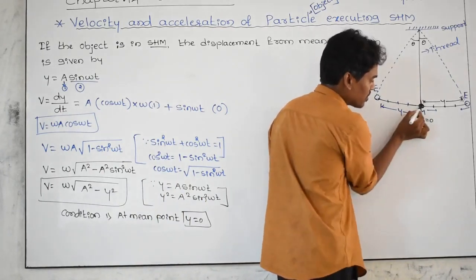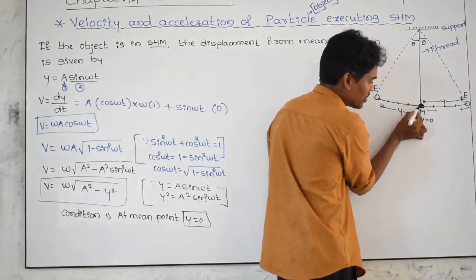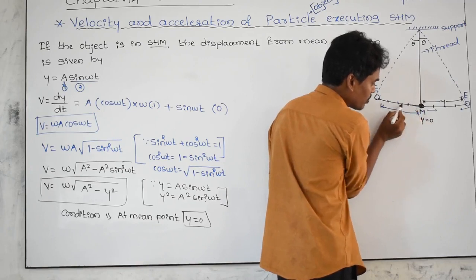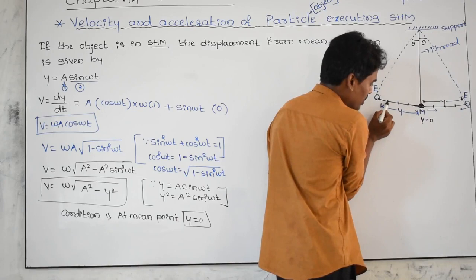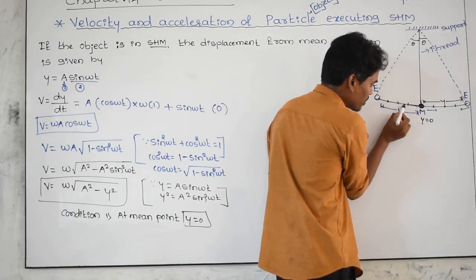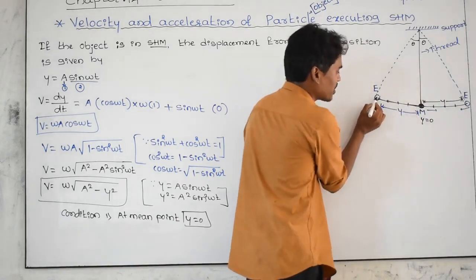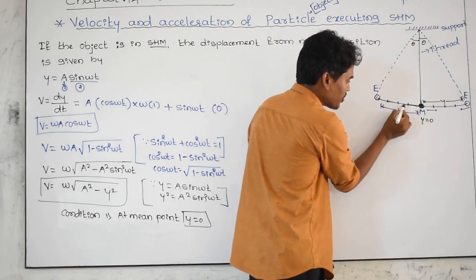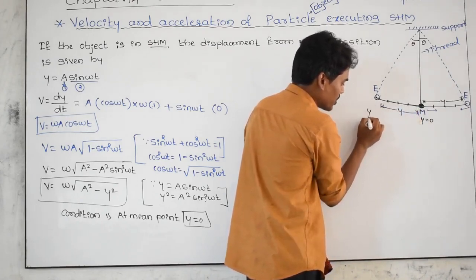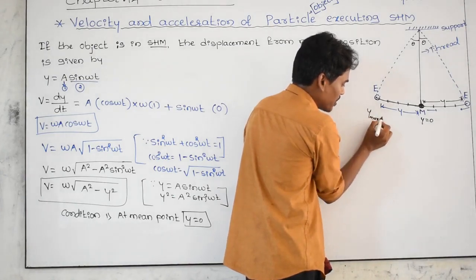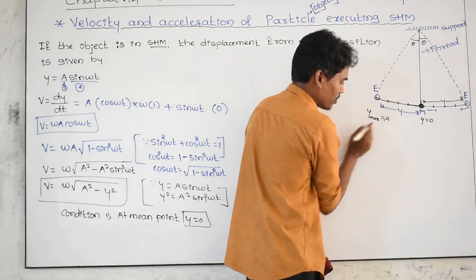If the object is moving to this point, this is the displacement. If the object is at this extreme point, this is the displacement called the maximum displacement, and maximum displacement is called amplitude.